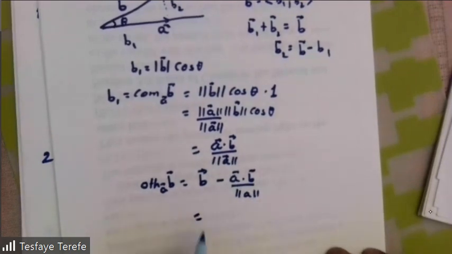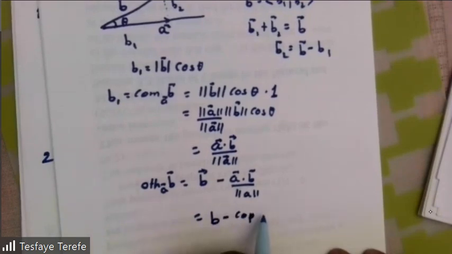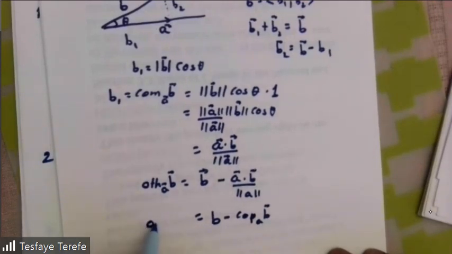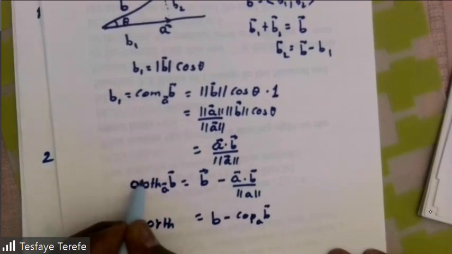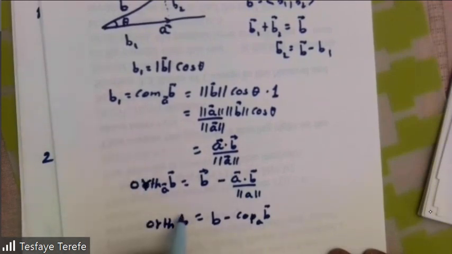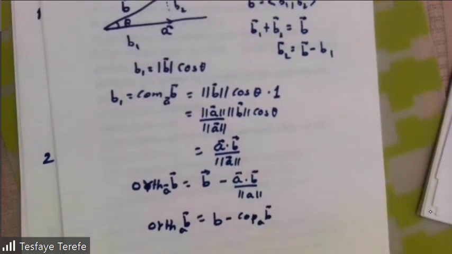In other words, the orthogonal is from B, you subtract the component of B onto A. That is the orthogonal of B onto A. So these are things that we need to know.